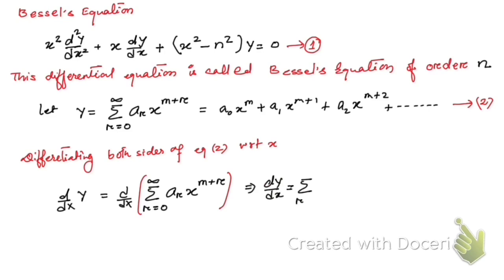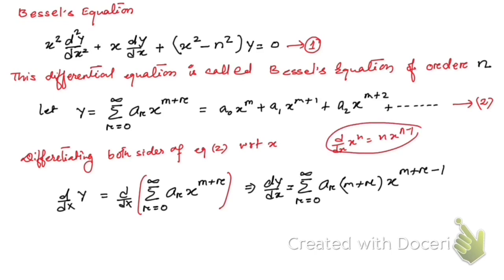On the other side, you see a_r, and the power on x is m plus r, so it comes up front, then x to the power m plus r minus 1. What I have done here is just apply the formula d/dx of x to the power n, which is nothing but n times x to the power n minus 1. So I have just used this formula. Hope you have understood this.